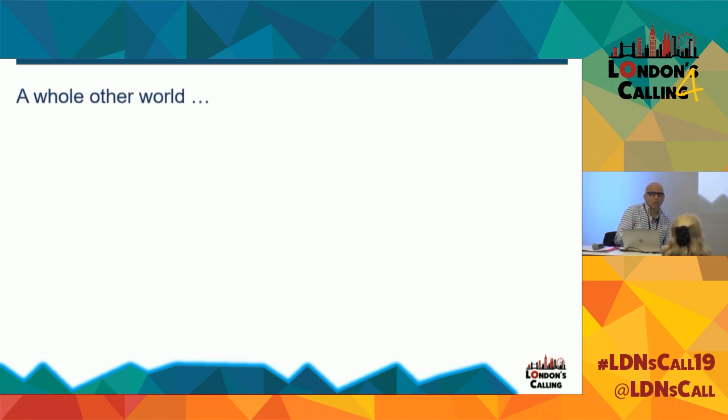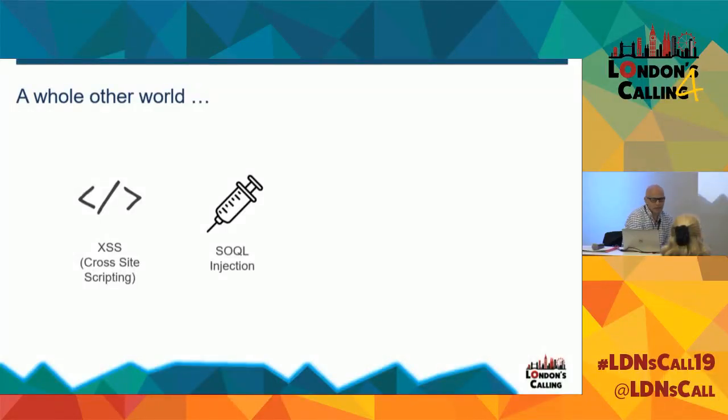What I've shown you is mainly on the declarative side, but there are other behaviors of your community that you also need to be aware of. If you're creating custom pages in your community, then the same thing that applies to any developer applies to you. Things like cross-site scripting and SOQL injections can be delivered through a community if you don't do it correctly.